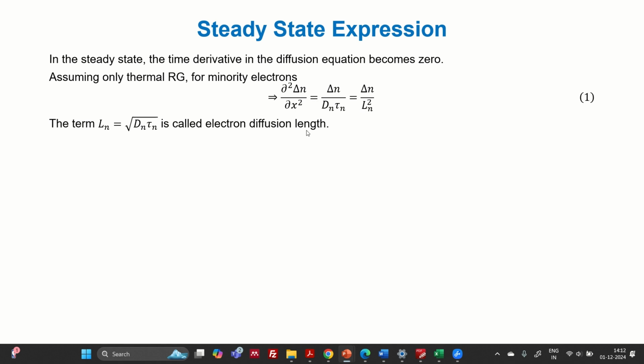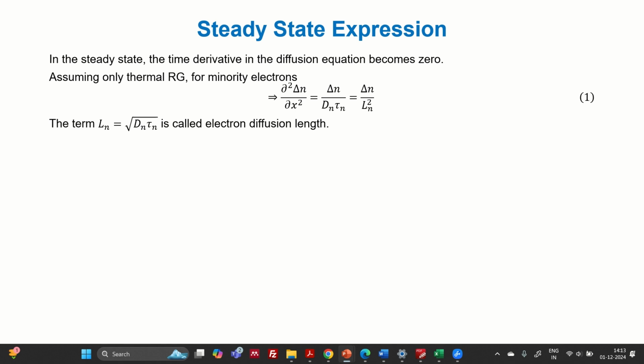So you can physically think of electron diffusion length like this: if you have a minority carrier electron in, say, p-type material, and you leave the electron in the sea of majority carrier holes, after a particular distance the hole is going to recombine with the electron.